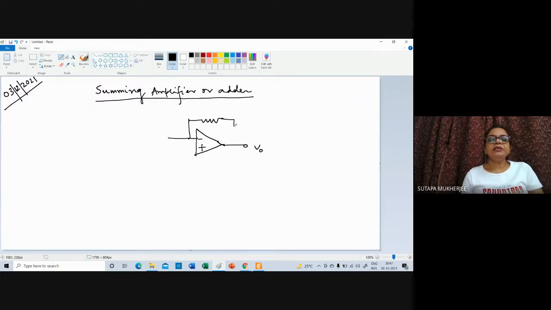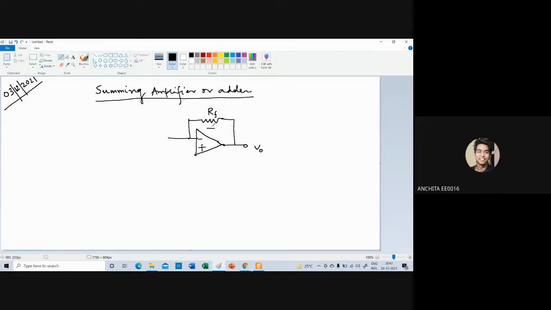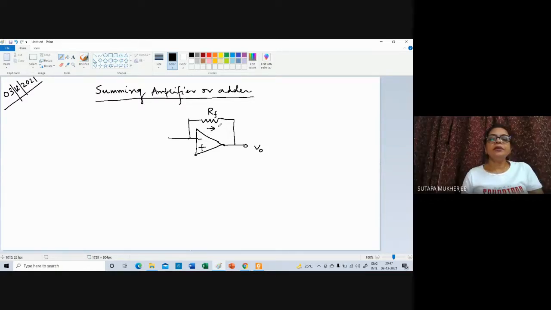What is the feedback resistance denoted by? Mukul? RF. Yes, RF. So this is the inverting terminal, and this is the non-inverting terminal.